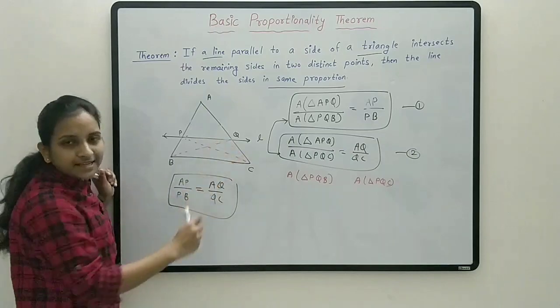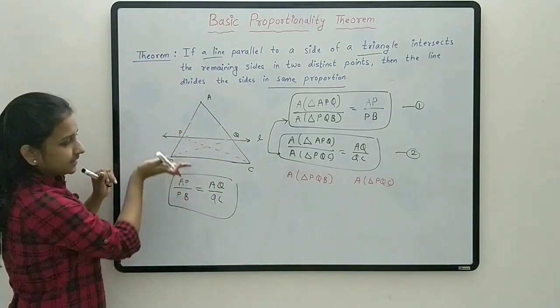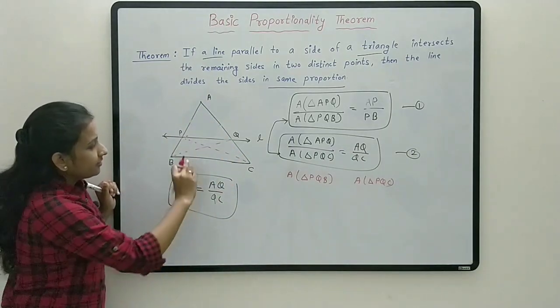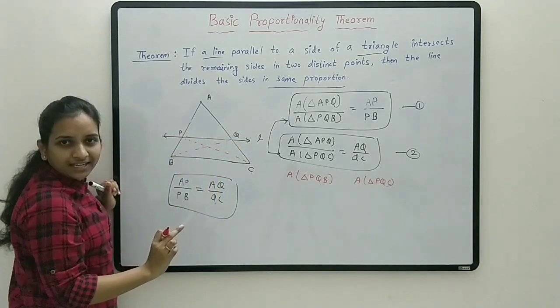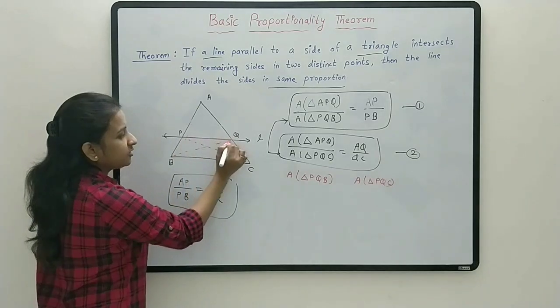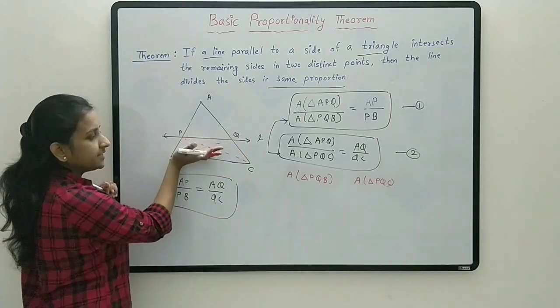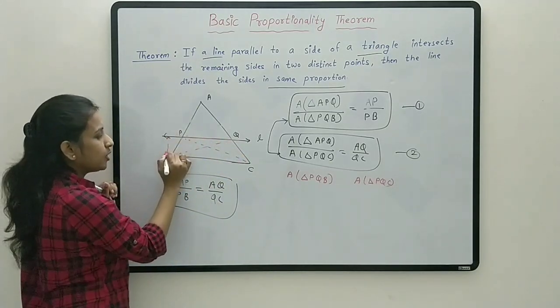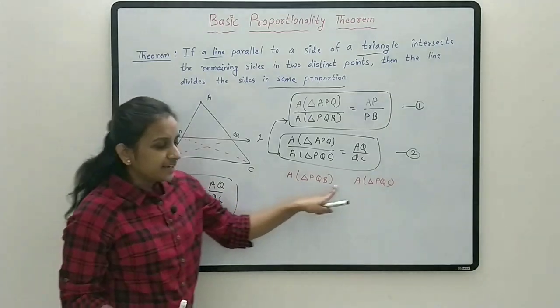Both the triangles lie between parallel lines. So we can say they have equal heights and equal base PQ. PQ is the common base, and as they are between parallel lines, their height is equal. Means their areas are also equal.